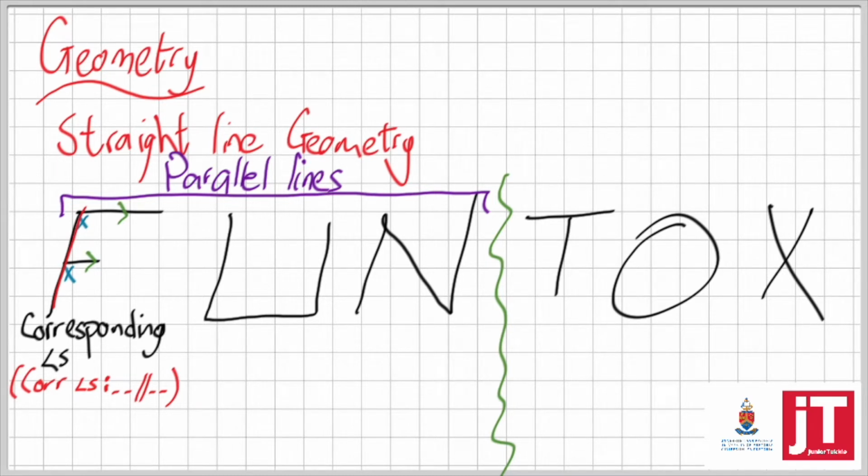Let's look at the second letter, the U. If I look at the U, if they are parallel, those two angles that are enclosed in that little U are going to add up to 180 degrees. And the special name we call for angles adding up to 180 degrees, remember this word, supplementary.